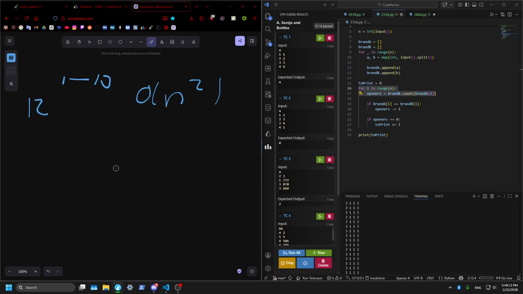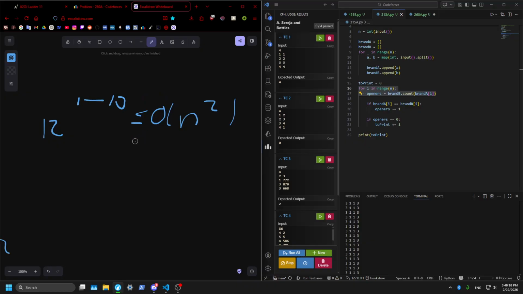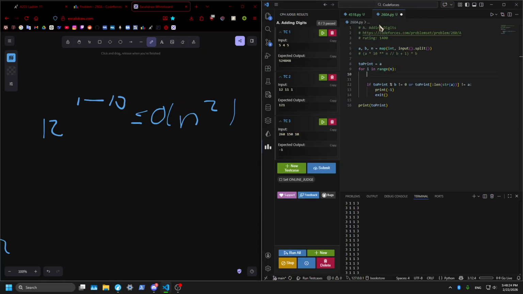So basically we should aim for anything under n squared. So like n log n, O of n, maybe O root n.